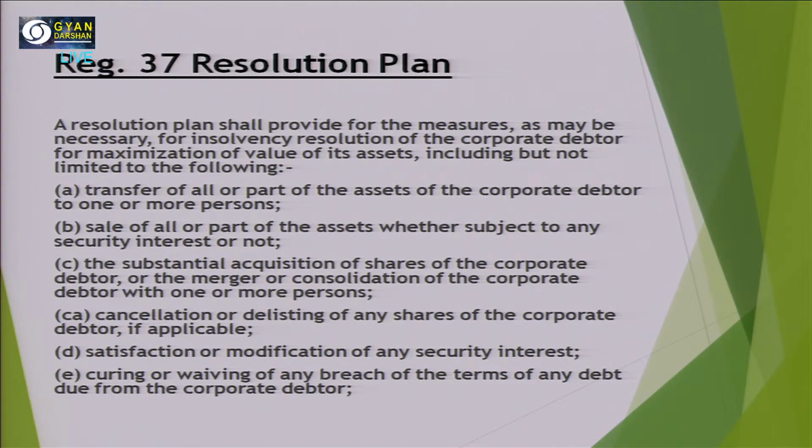Since, as you are aware, the resolution plan basically would try to bring the company out of the default, in this process they will try to take it at a real value, against the required assets or required valuation, which is good for running of the corporate debtor smoothly in the future at least. And there will be another thing: curing or waiving of any breach of the terms of any debt due from the corporate debtor.